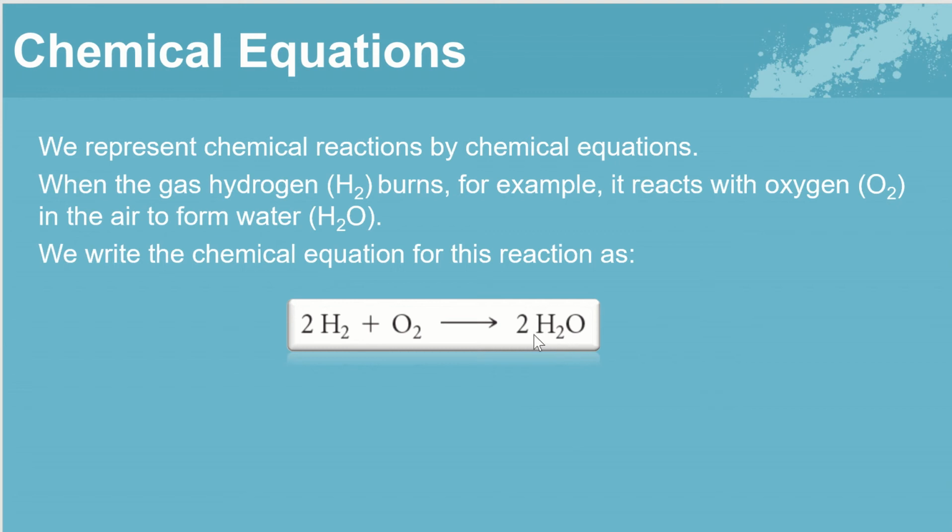Let's check: 2 times 2 gives us 4 hydrogens, and this 2, our coefficient, says we have 2 oxygen here. Does it balance? Looks like it: 4 hydrogen, 2 oxygen, 2 oxygen.